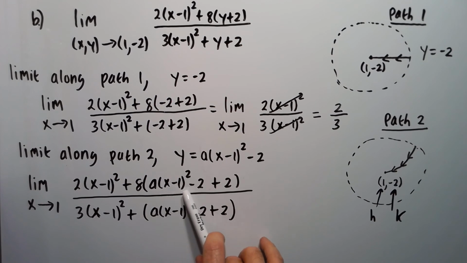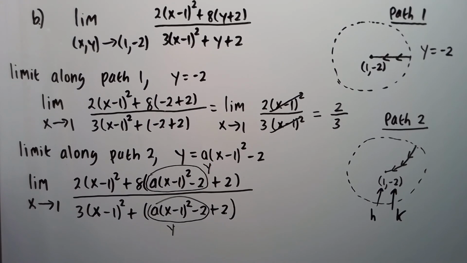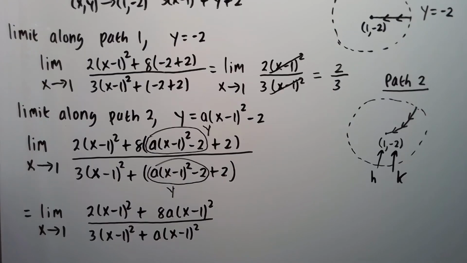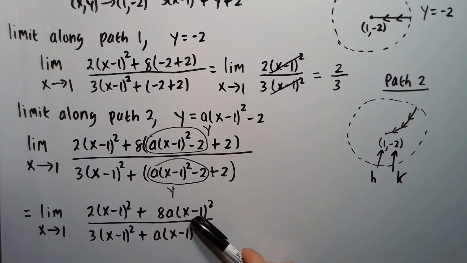That's what I've written here in place of the y, both here and here. Simplifying this, the -2 and 2 cancel, so it's going to become 8a(x − 1)² on top, and 3(x − 1)² + a(x − 1)² on the bottom.